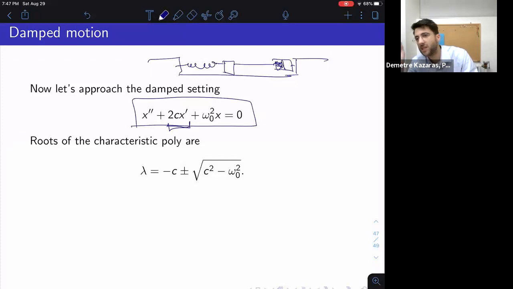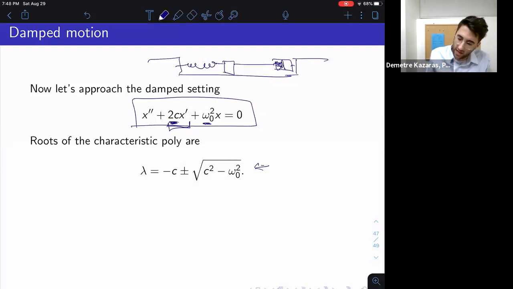It's proportional to how fast you're going. So you get this extra term that looks like a number times x prime. But let me write that number as 2c, where c is some number. Why did I want to write it as 2c, and the constant next to x as something squared? Well, then the quadratic formula has a really nice form. That's the only reason I do that. By the way, remember c and omega are non-negative numbers.